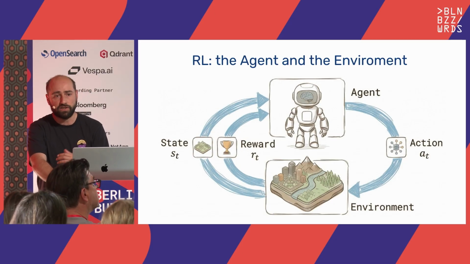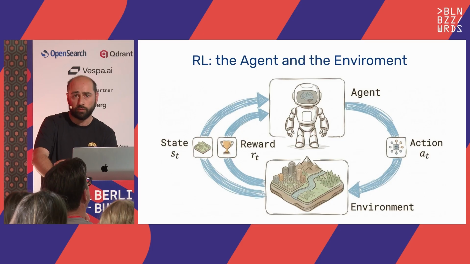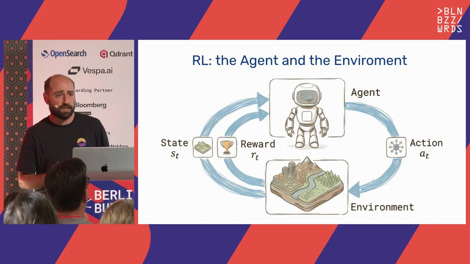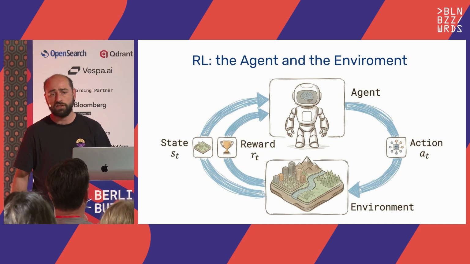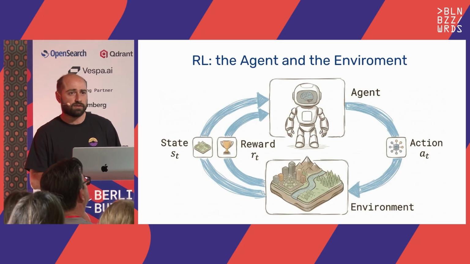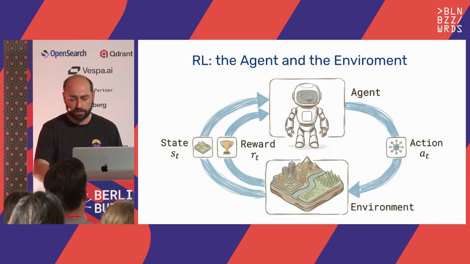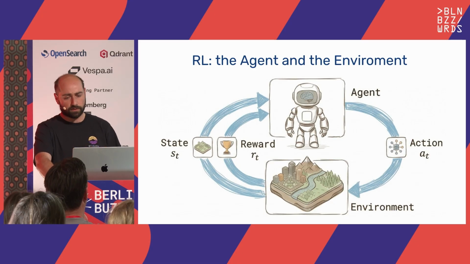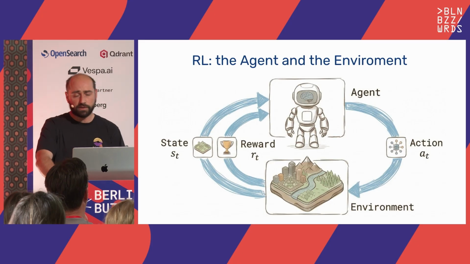So the goal for the agent is to maximize its cumulative rewards over time, and to do so, it has to balance exploration, so trying new strategies, and exploitation, so using strategies known to work. Basically, it learns through its experience over time. And when we look at the sequence of actions, states, and rewards, we call this trajectory or rollout.